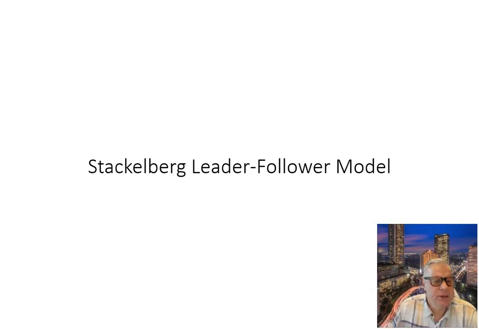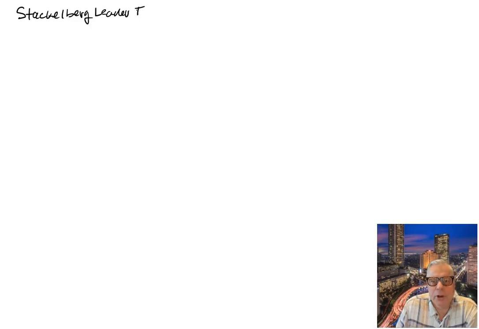So let's derive that step by step. And we will see that we need to steal some information from what we have already calculated in the Cournot duopoly. But let's start by deriving the Stackelberg leader-follower model.